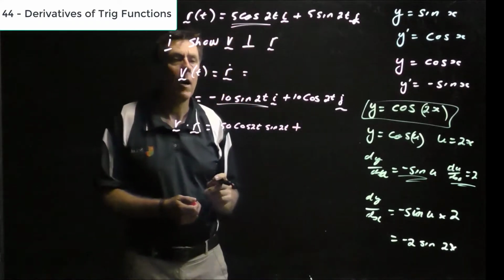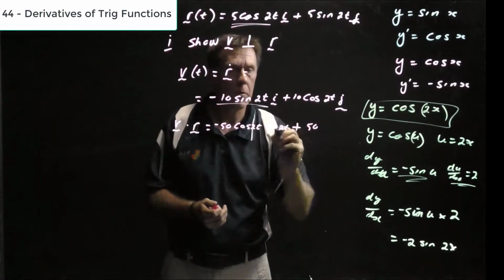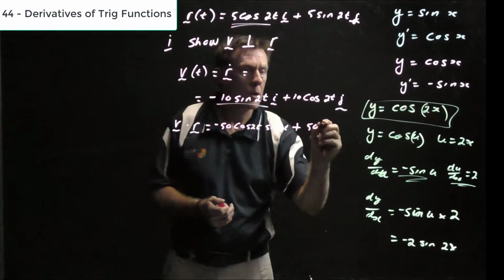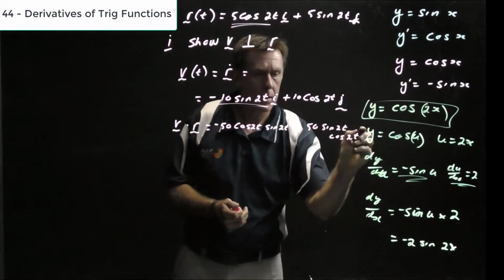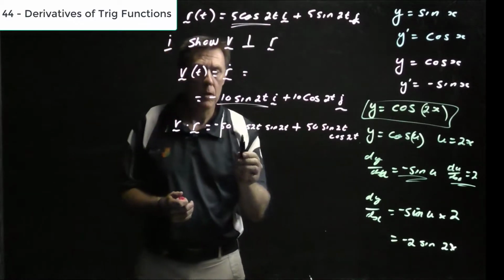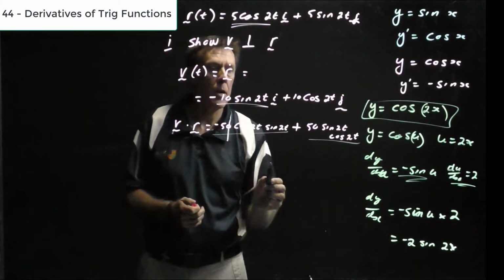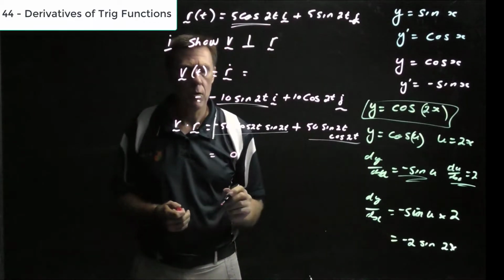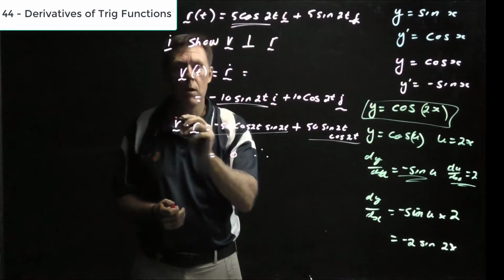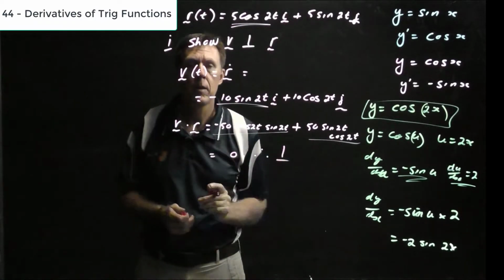To that, I now do the same with the j's. 5 tens are 50, sine 2t cos 2t. Now, we can see here, this component and this component are identical. One's positive, one negative. They add to 0, so therefore we know velocity is always acting perpendicular to the position.